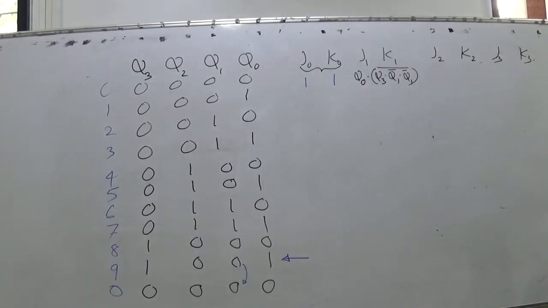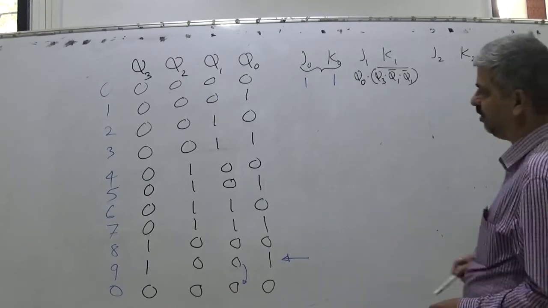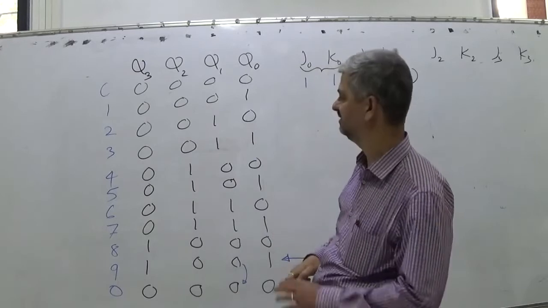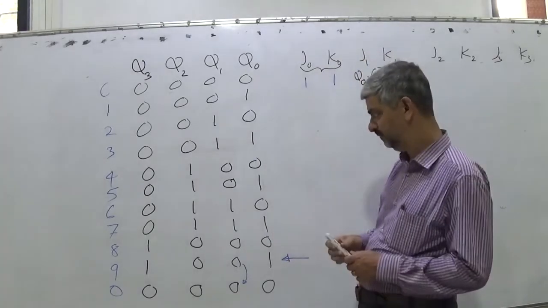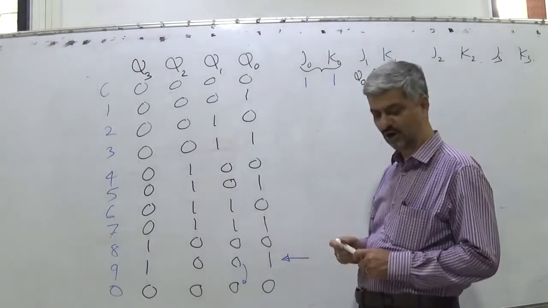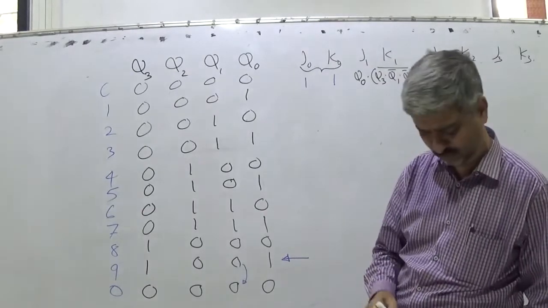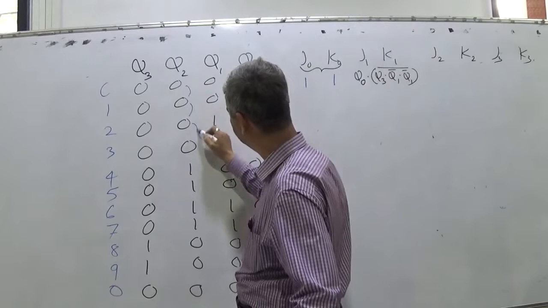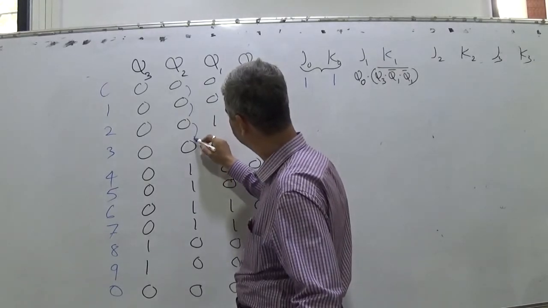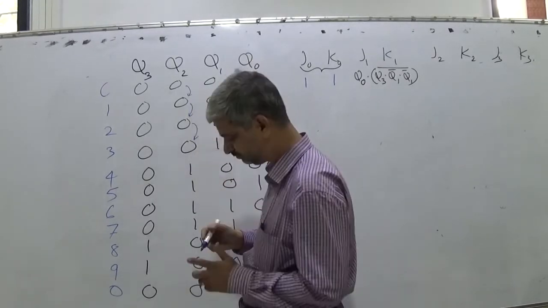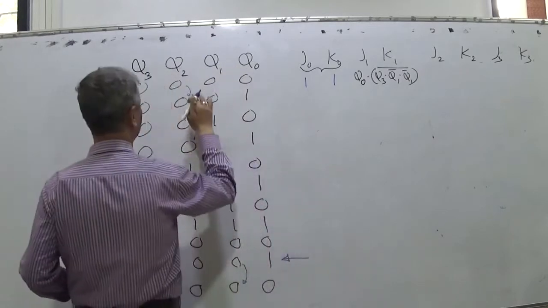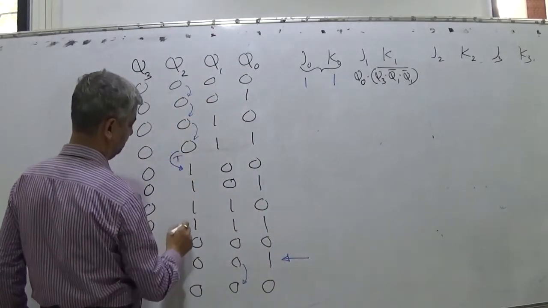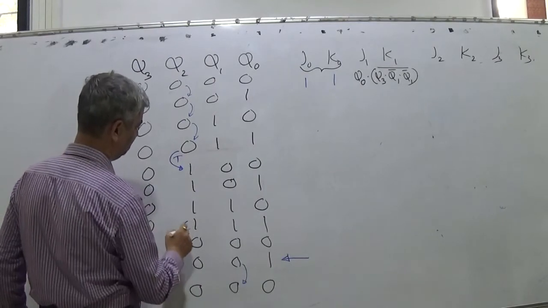We find that flip-flop number 2 toggles in some cases, so designing flip-flop number 2 is simple. You just verify, it continues, and here it toggles, and here it toggles.